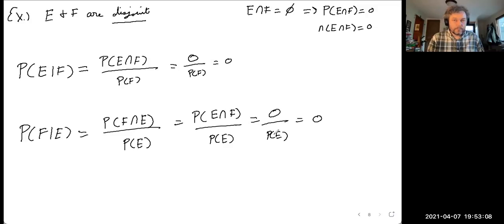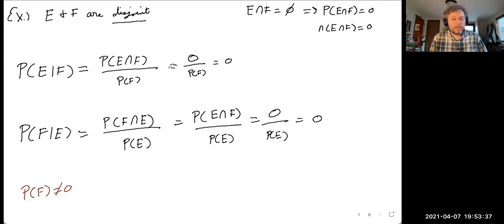Is that a hard and fast rule, or is there an exception to the rule? No, that is it. The only exception I could possibly think of, and this is a deep cut, is that we are assuming that the probability of F does not equal 0, because I'm dividing by 0.